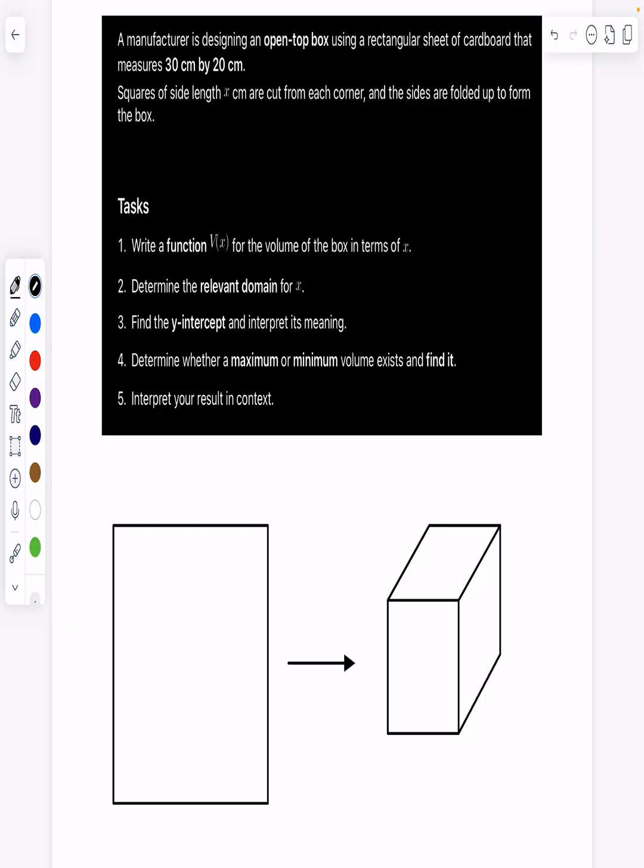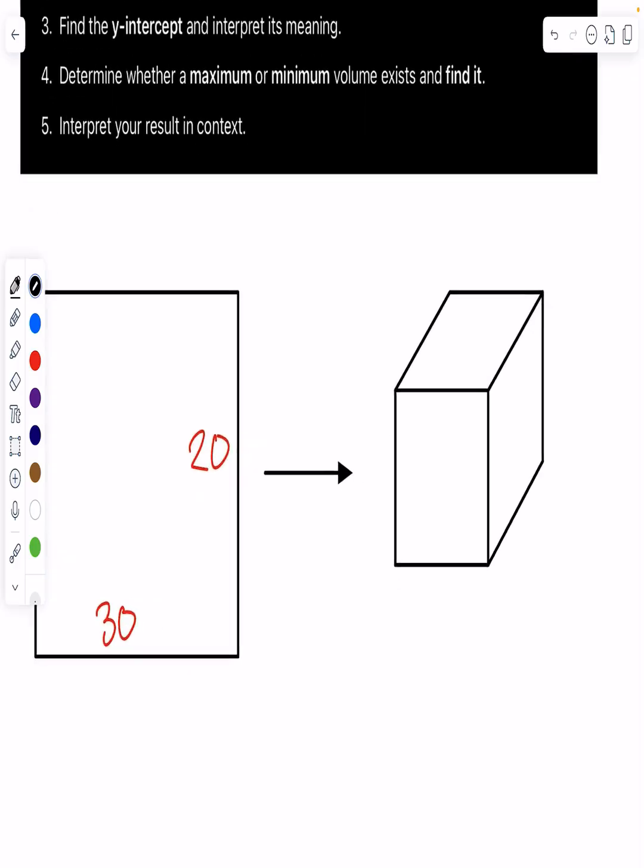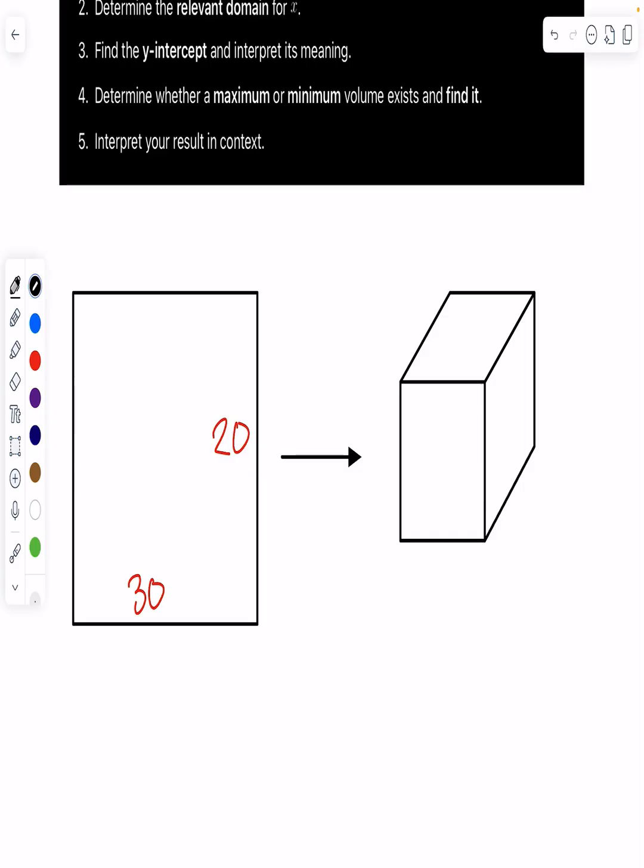So cool. If I have my cardboard sheet, it's telling me that I have a 30 by 20 situation going on, right? And I need to fold this cardboard sheet up and then make a nice little box out of it. So write my volume function. In this case, I'm dealing with some piece of cardboard that needs to be folded up into a box.